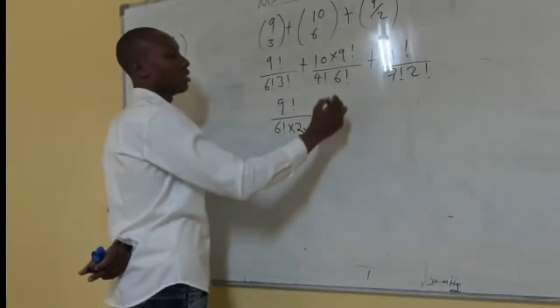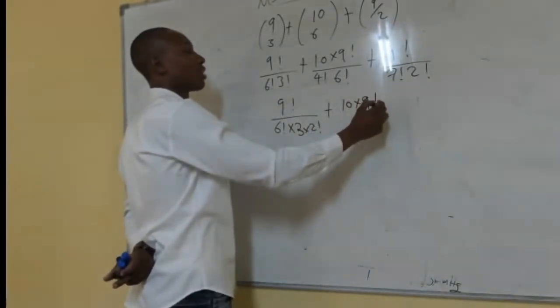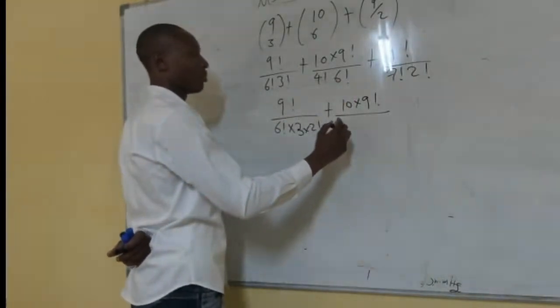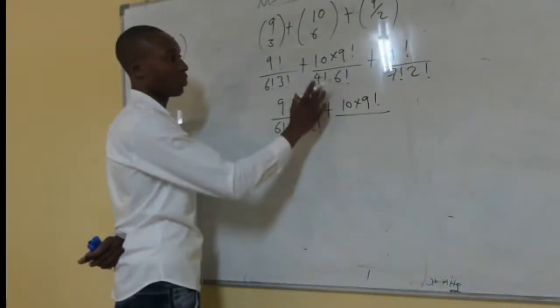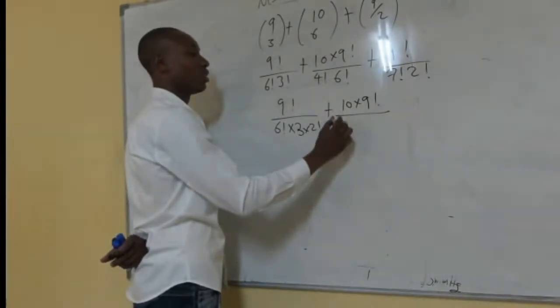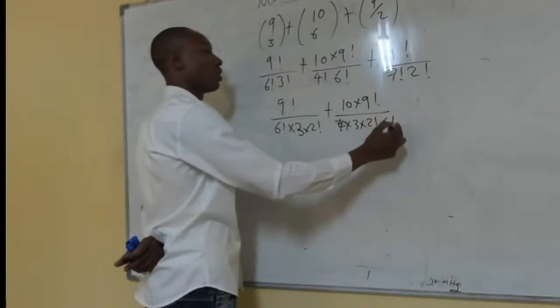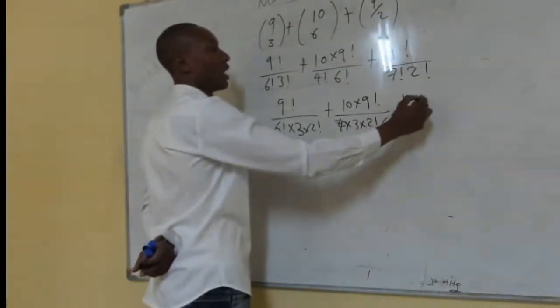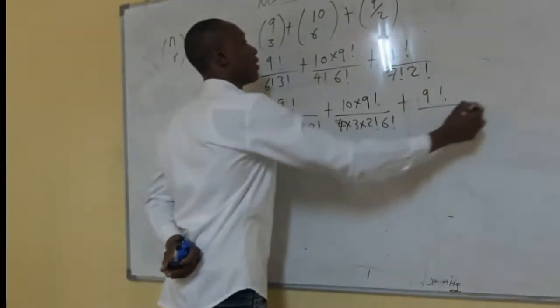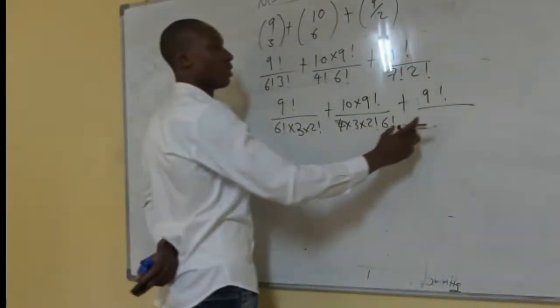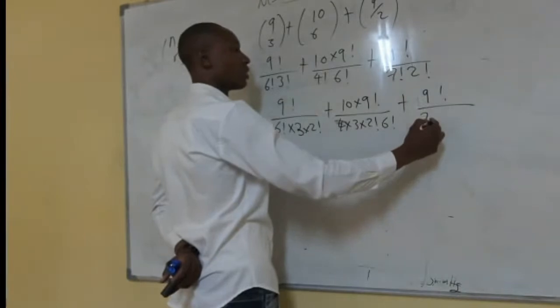Then plus 10 multiplied by 9 factorial over, remember we are saying we want to change this to make it have a 2 factorial. So this is what we did. Then plus 9 factorial over 7 factorial.